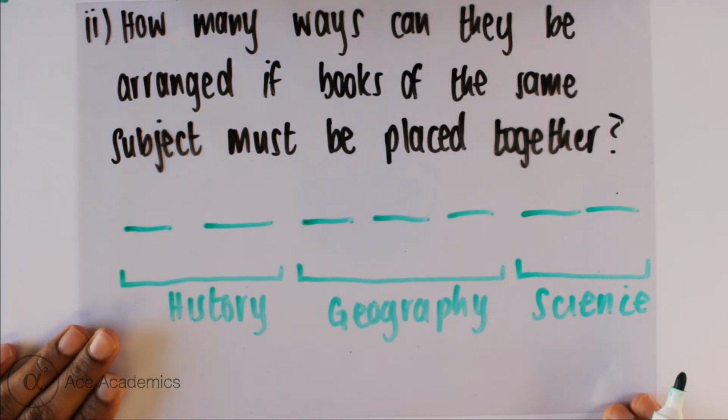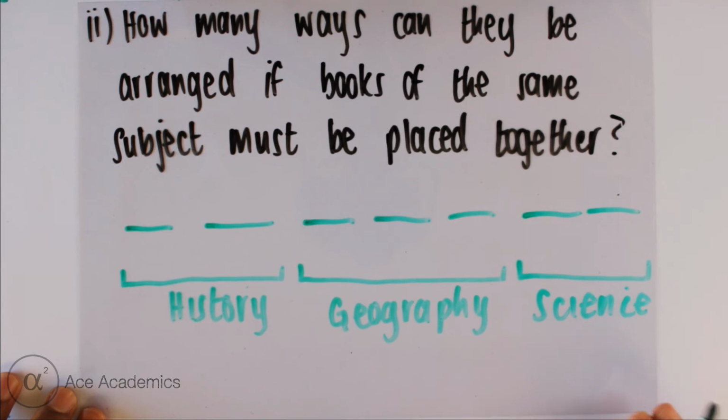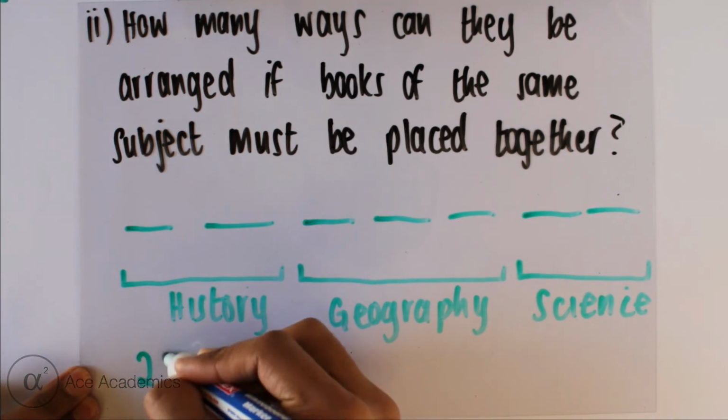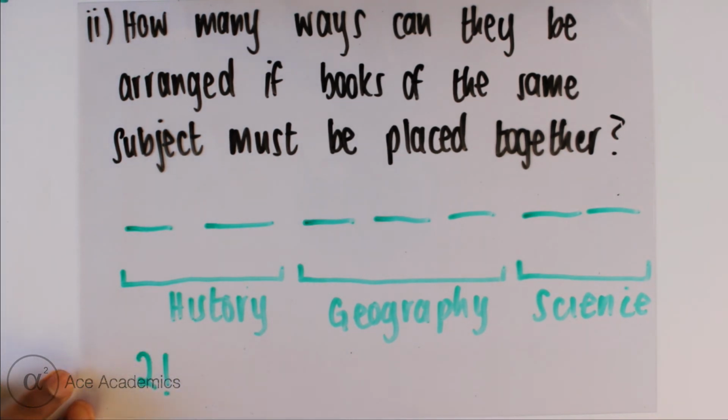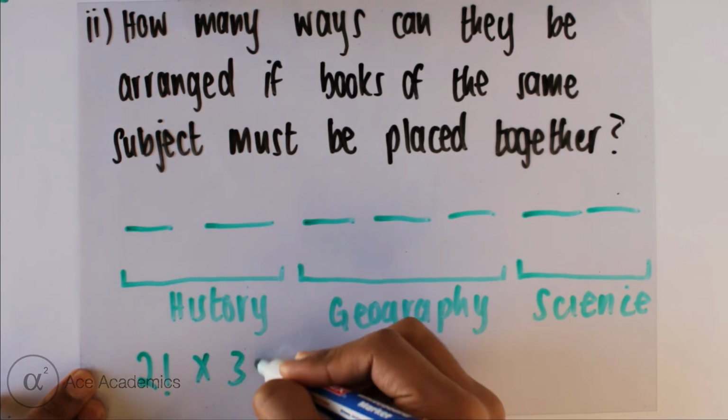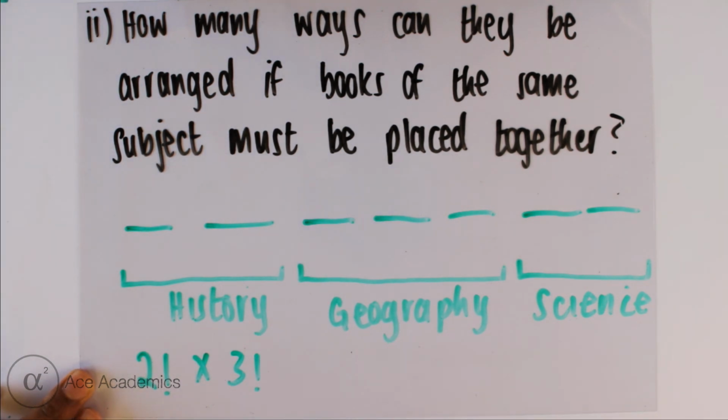Now, in order to solve this problem, we will look at each subject individually. So, how many ways can the books of history be arranged? Since there's only 2 history books, they can be arranged 2 factorial ways. Since there's 3 geography textbooks, they can be arranged 3 factorial ways.